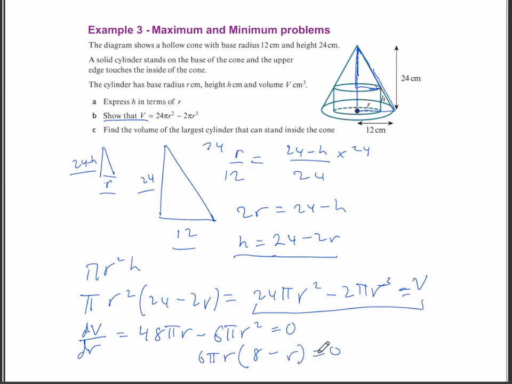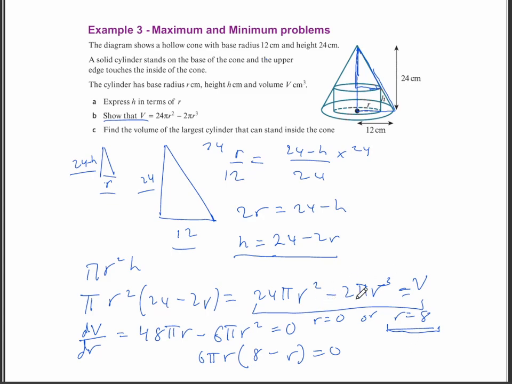Therefore, either 6 pi r equals 0, which gives us our r value of 0, or 8 minus r equals 0, which gives us our r value of 8. When r is 0, the volume is just going to be 0, so that's not the largest cylinder that can stand inside the cone. When r equals 8, we can confirm this by finding the second derivative, but I won't because it's just redundant. We already know that this is going to give us our maximum.